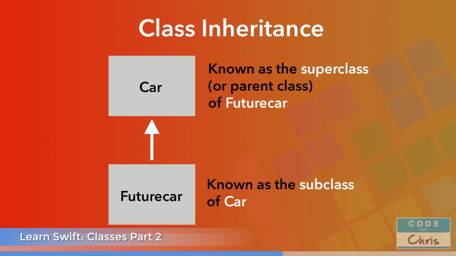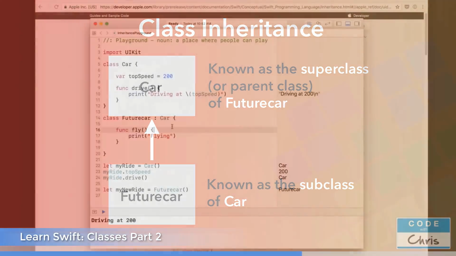In this case, future car would be called a subclass of car, and car would be called the superclass of future car. And some people might call it the parent class. So car is the superclass or the parent class, or maybe simply the parent of future car.